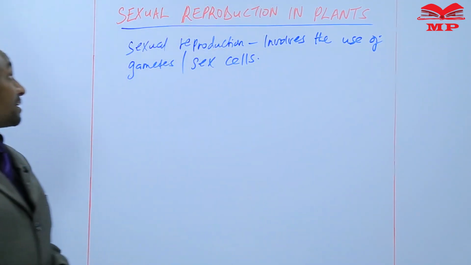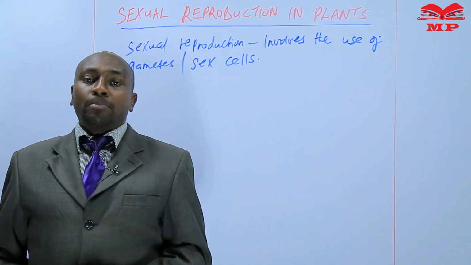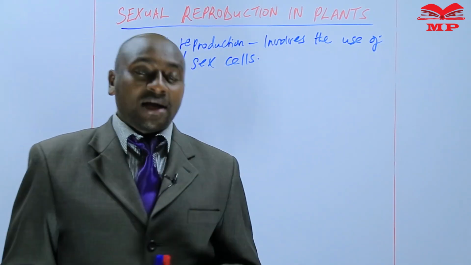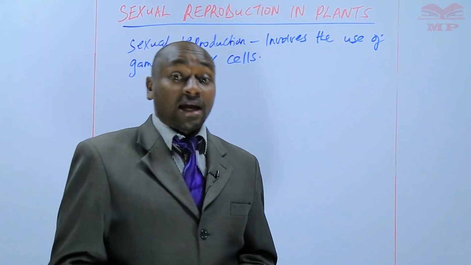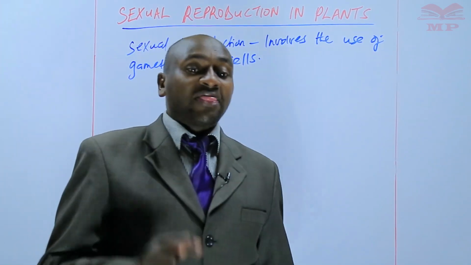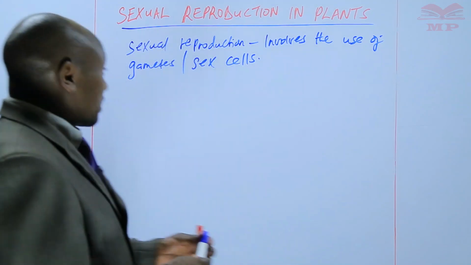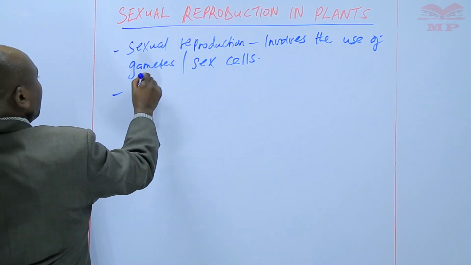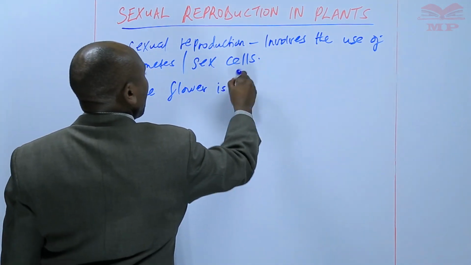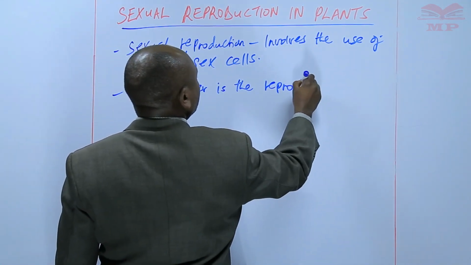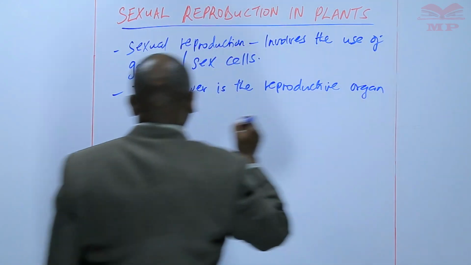Now, to help us understand sexual reproduction in plants, it is important to understand the flower structure. And the reason why it is important is because the flower is the reproductive organ in a plant.